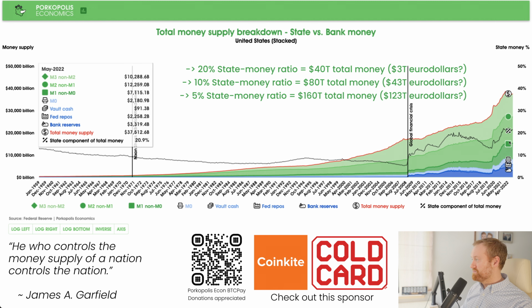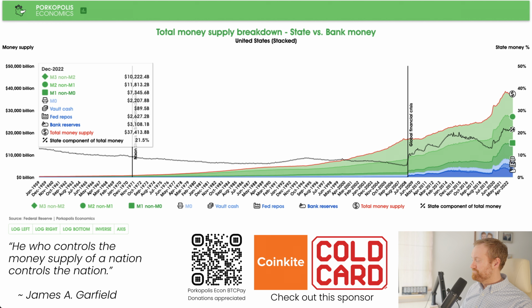So we got all these different money supplies included in our $37.4 trillion massive pool of liquidity for the United States dollar. But there is this big X factor with the United States, this big question mark, which is Eurodollars and the amount of Eurodollars that are circulating. So that's going to be a long-term project for me to try to determine a better estimate of how many Eurodollars are sloshing around the world.